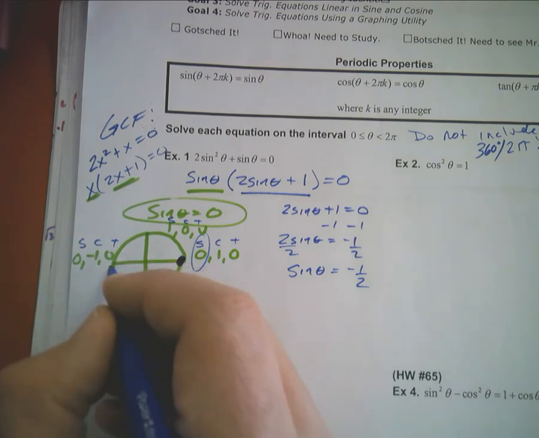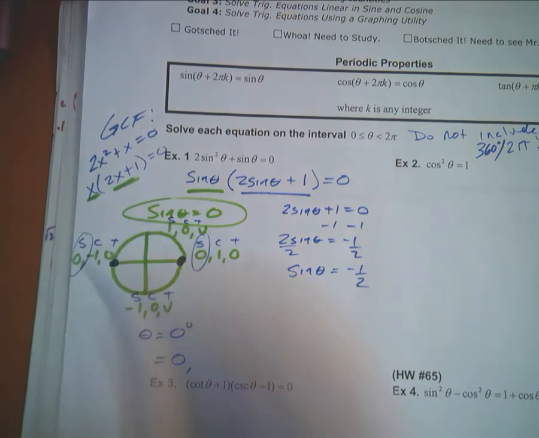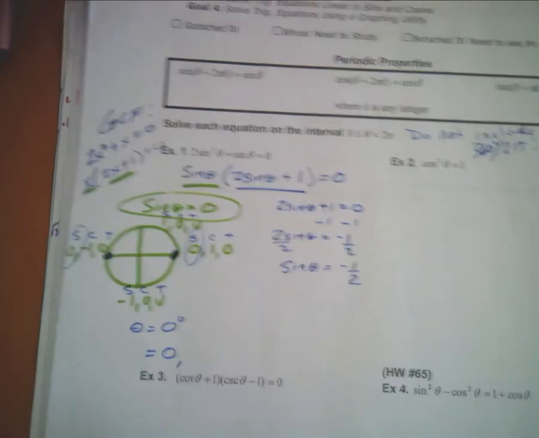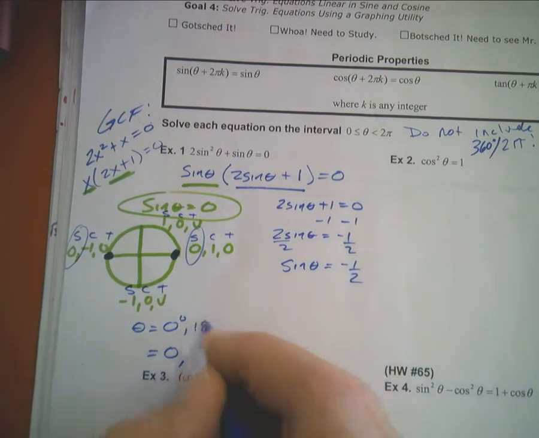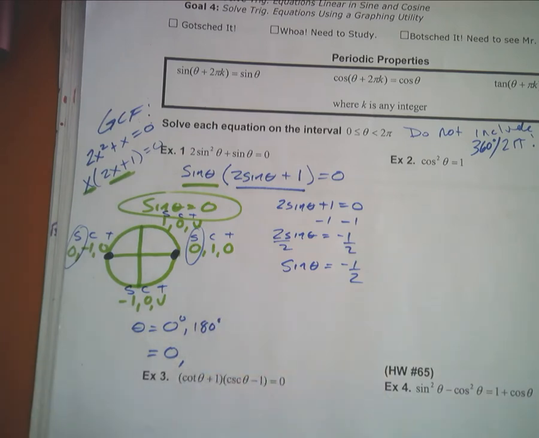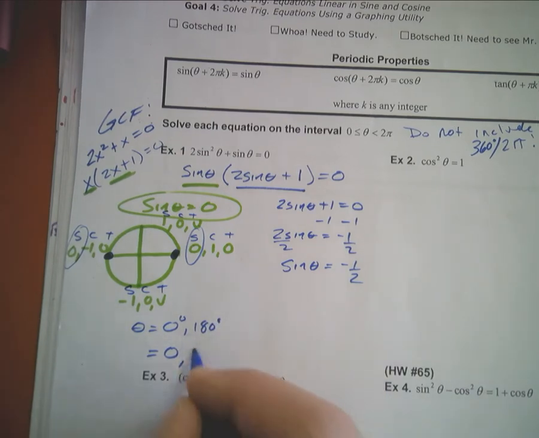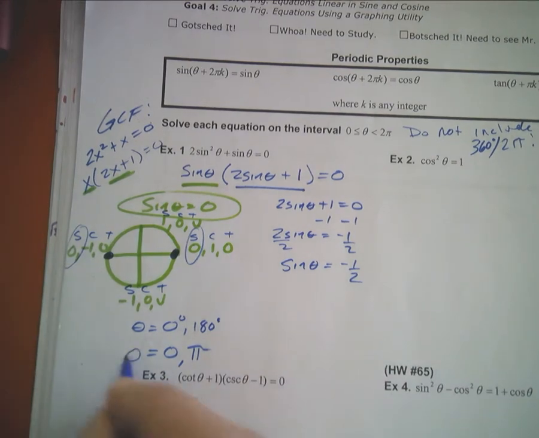You get 0 right there. So that's 180 degrees, and we should be able to convert that into radians, right? That's pi. So far, so good. Any questions so far? All right, are we done?